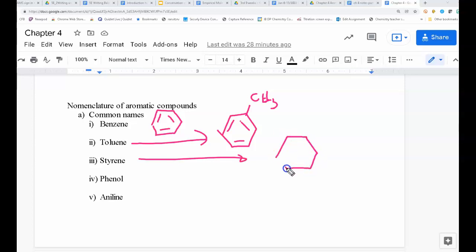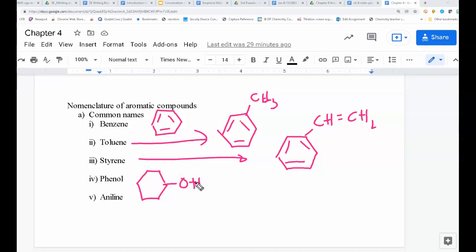So we have a benzene like this, and then a CH double bond to a CH2, just like that. That's called styrene. And then we have phenol, which has a... boy, am I about to draw that wrong. 1, 2, I made it, okay? And phenol has an OH attached to it, just like that.